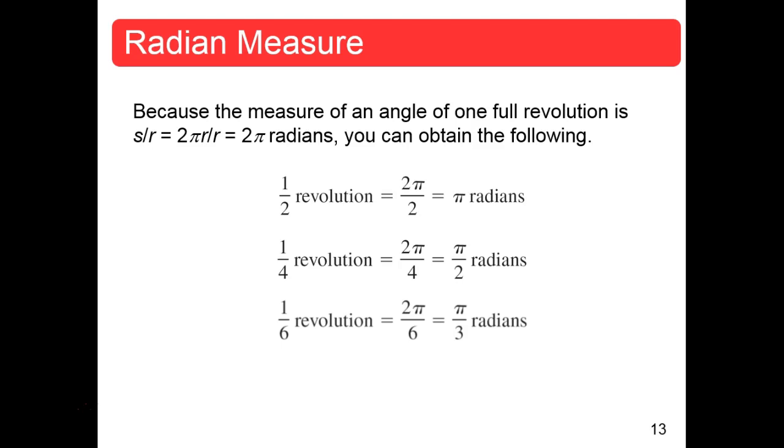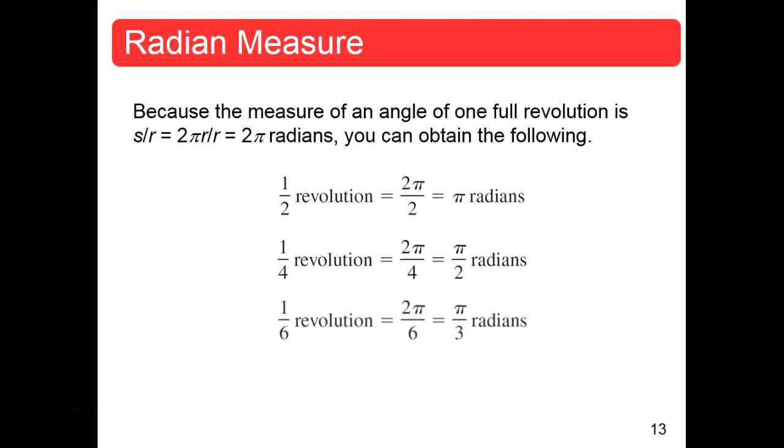Then half a revolution is 1 pi, because 1/2 of 2 pi is pi. A quarter of a revolution is pi halves radians. A sixth of a revolution would be pi thirds radians. Okay? Because one complete revolution would be 2 pi divided by 6. Sixth of a revolution, that would be pi thirds.